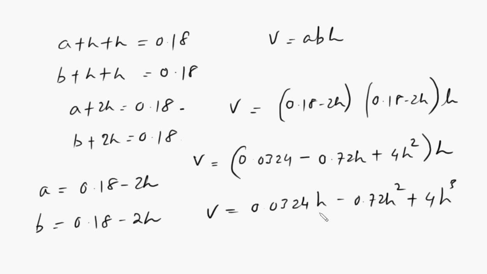This is my volume now. This time we have only one unknown, one independent variable. So my volume V is 0.0324H minus 0.72H squared plus 4H cubed.